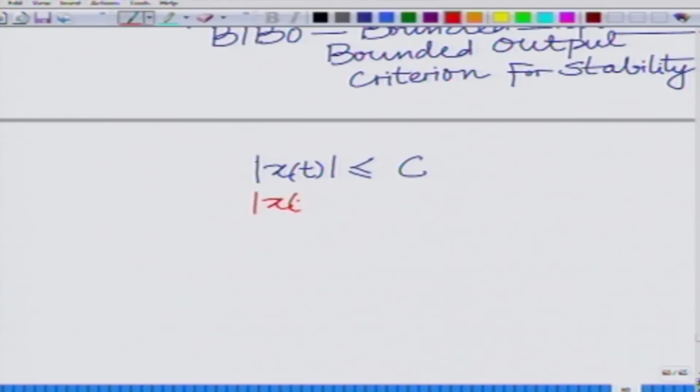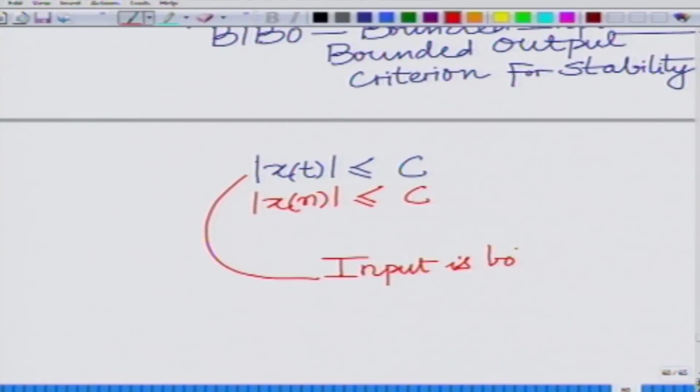This is for a continuous time system, and this is for a discrete time system, that is, the input is bounded. Input is bounded, which means that the input is less than some constant c. These are constants. Okay.